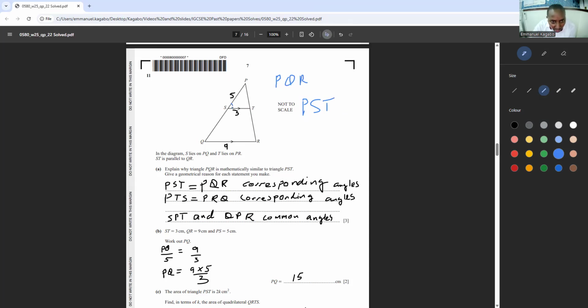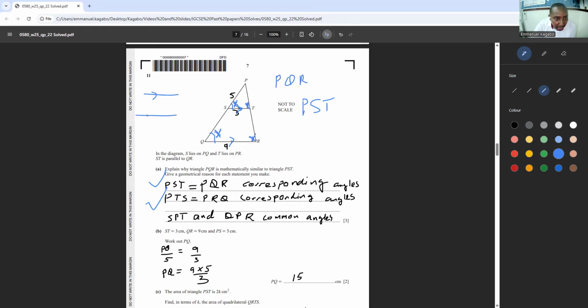Why? The angle here and the angle here are equal. Why? This line is parallel to that, meaning this angle here is corresponding to this, and the angle here is also corresponding to that. That's the reason why these two triangles are similar. I hope you remember the things about parallel lines, right?